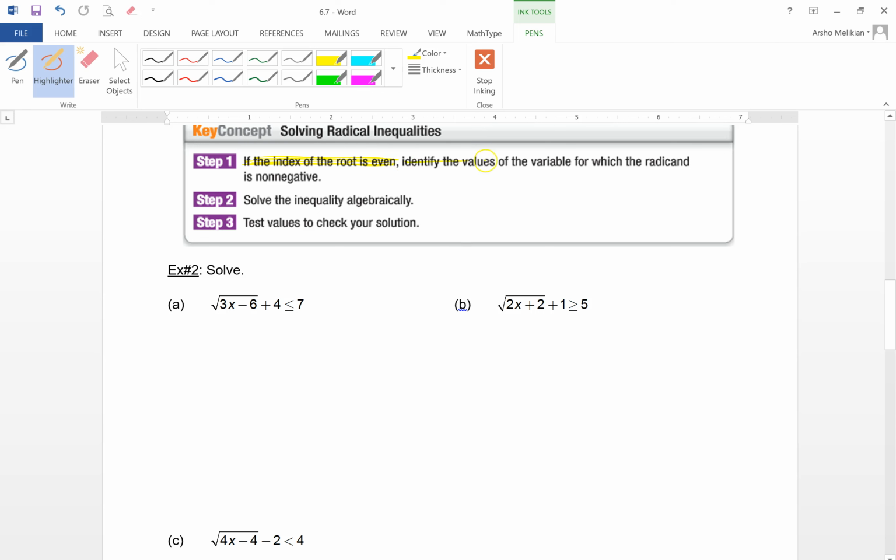We have to identify the values for which the radicand is non-negative. So there are two parts to this. Then we have to solve the inequality.